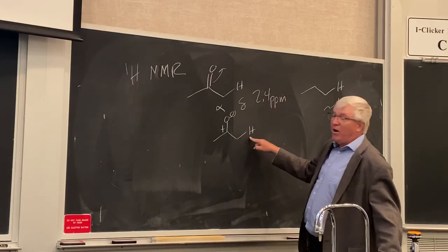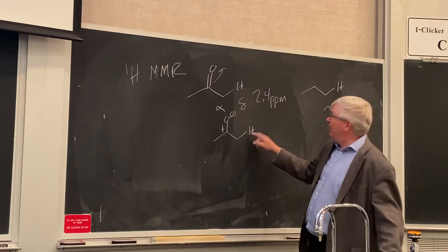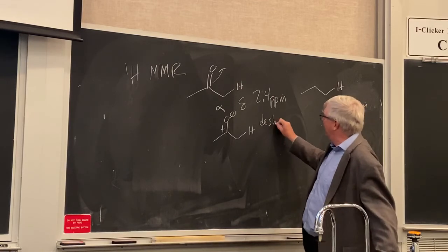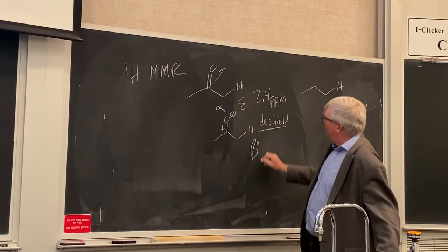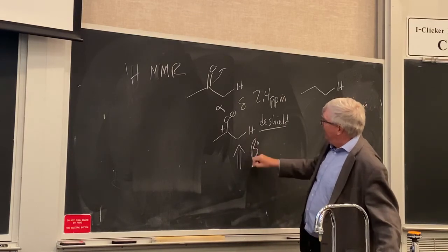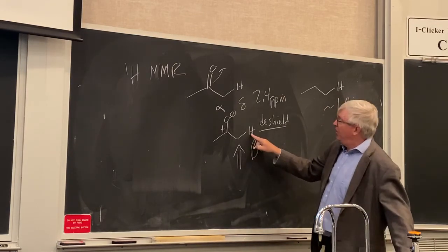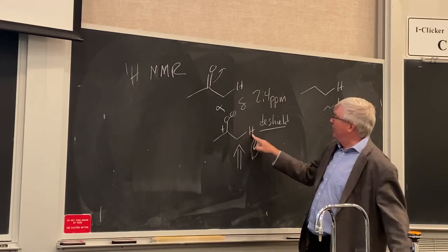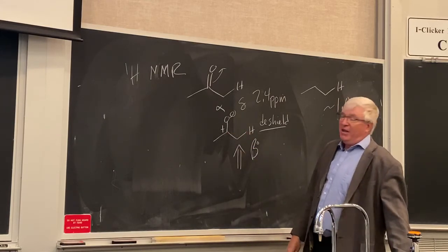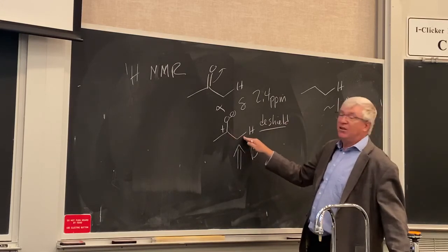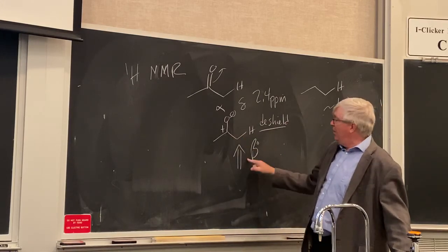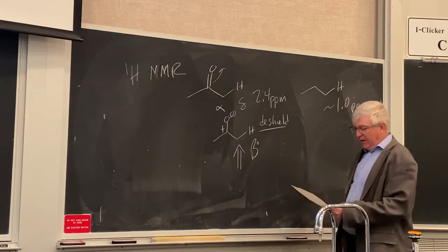We say these are more exposed to the external magnetic field and they're de-shielded, okay? And that de-shielding means the large external magnetic field is a little bit stronger due to the pulling out of the electron density by the electronegative group. Things that are more electron rich are more shielded. Things that are a little more electron deficient are more de-shielded, okay, due to the exposure to the magnetic field.